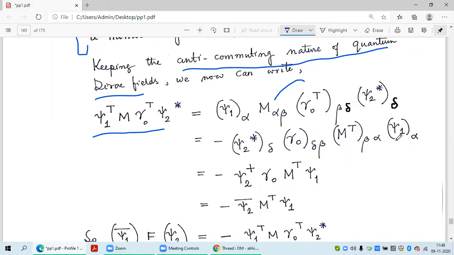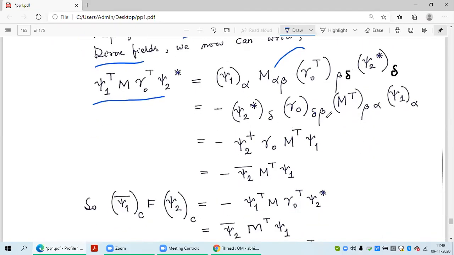Okay. And now again, this is 64 terms. I have just rearranged them so that I can write it again. So far as the indices are concerned, they are written in such a way that I can again write it in terms of just matrices like this, obeying the matrix multiplication format of these indices. So this should be transpose. So this should be psi2 star transpose, psi2 dagger.